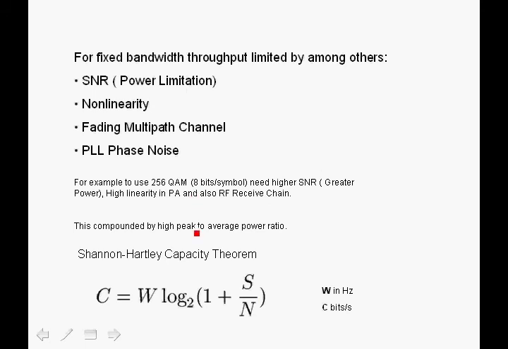If we take a look at the Shannon-Hartley capacity theorem shown over here by this expression, if W is expressed in Hertz, then C, the capacity of the channel, is expressed in bits per second, and we note that there is a limit on the signal to noise ratio.